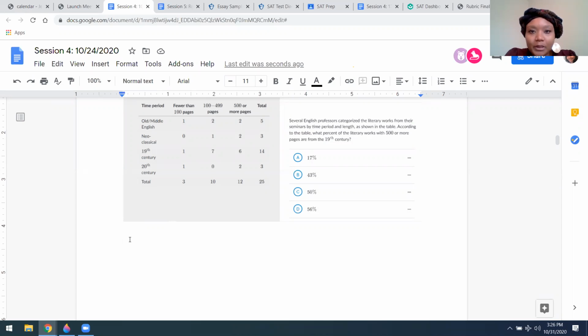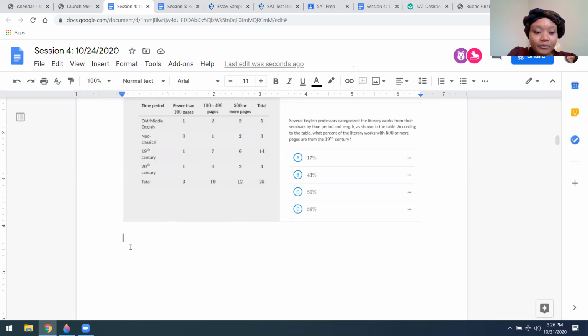Of the literary works with 500 or more, what amount of them are from the 19th century? So we already extracted the necessary data from the table. We got 12 for the total of books that contain 500 pages or more. And we have 6 of those are from the 19th century.